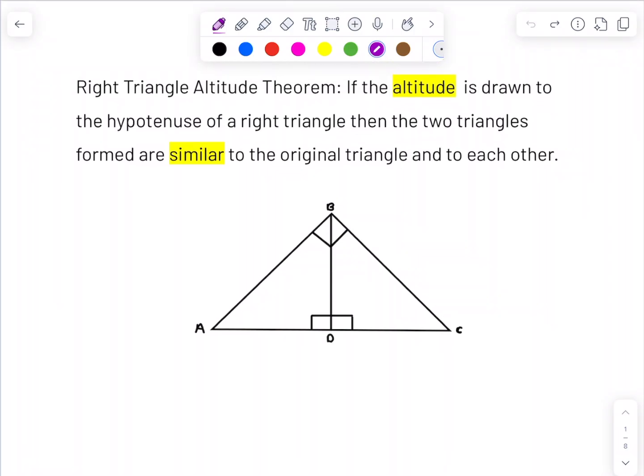And since each of the smaller triangles is inside of the big triangle, there's a shared angle between each of the small triangles and the big triangle. And when we have shared angles, that means it's congruent to itself by the reflexive property. So if there are two congruent angles, the shared angle and the right angle, we have AA, which makes the triangles similar.